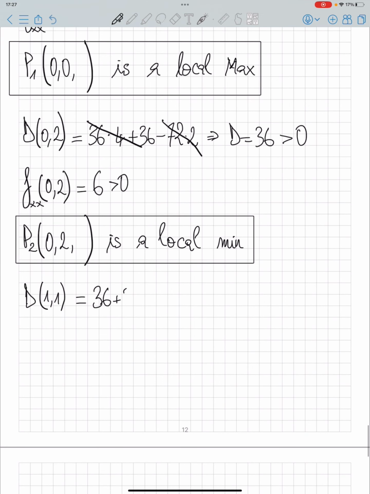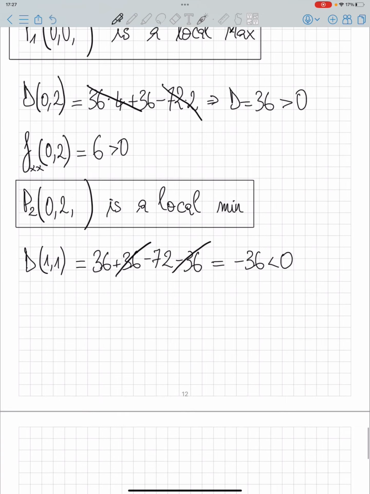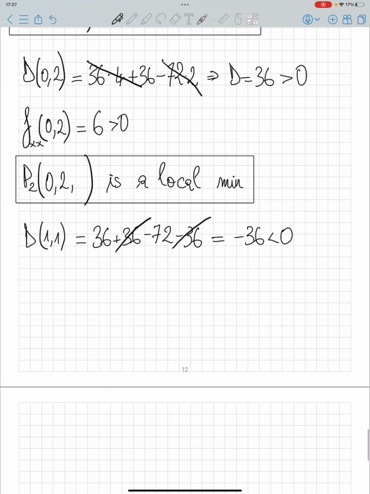So D(1, 1) is going to be equal to 36 minus 72, which is minus 36, which is less than 0, right? So here our D is less than 0.